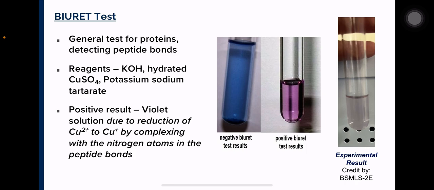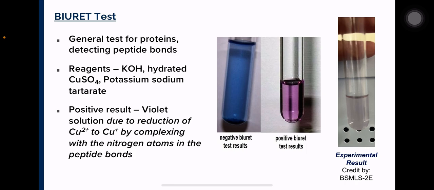Some of the functions are acting as enzymes, such as trypsin; transport proteins such as hemoglobin or myoglobin; nutrient and storage proteins such as ovalbumin, which is found in egg, and casein, which is found in milk; and contractile or motile proteins such as actin and myosin.